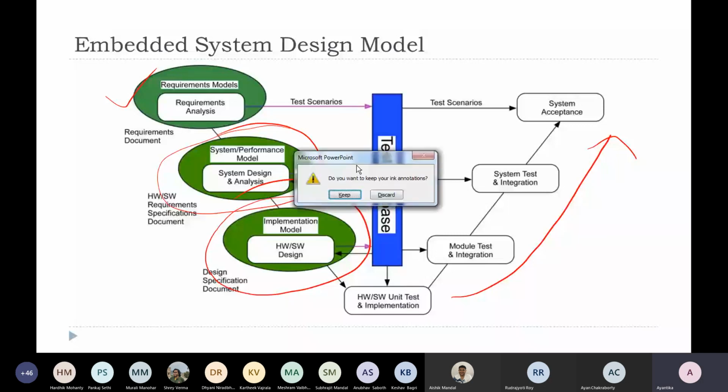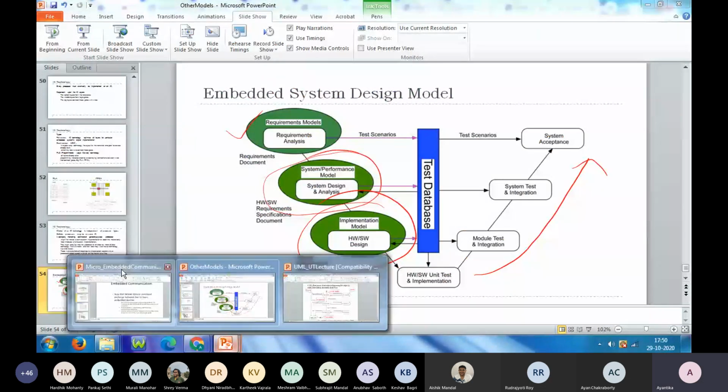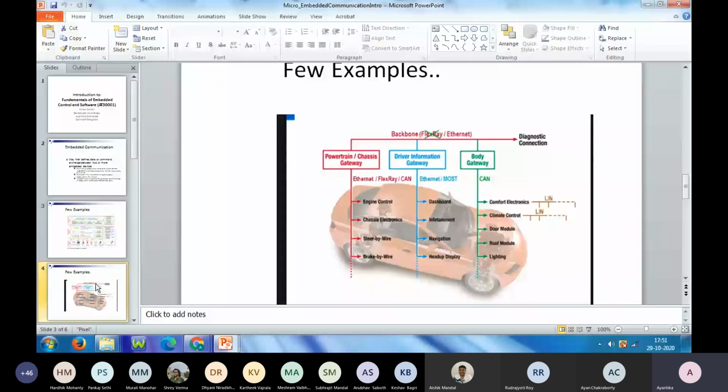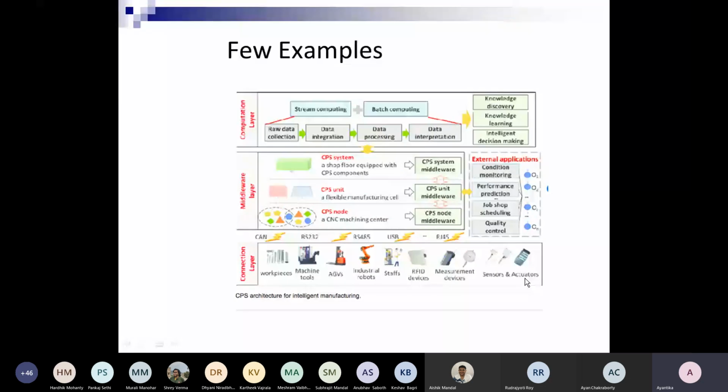For example, we can come here. If you remember, in our introductory class, we have talked about this. Now you can better understand. Maybe that was your first class.